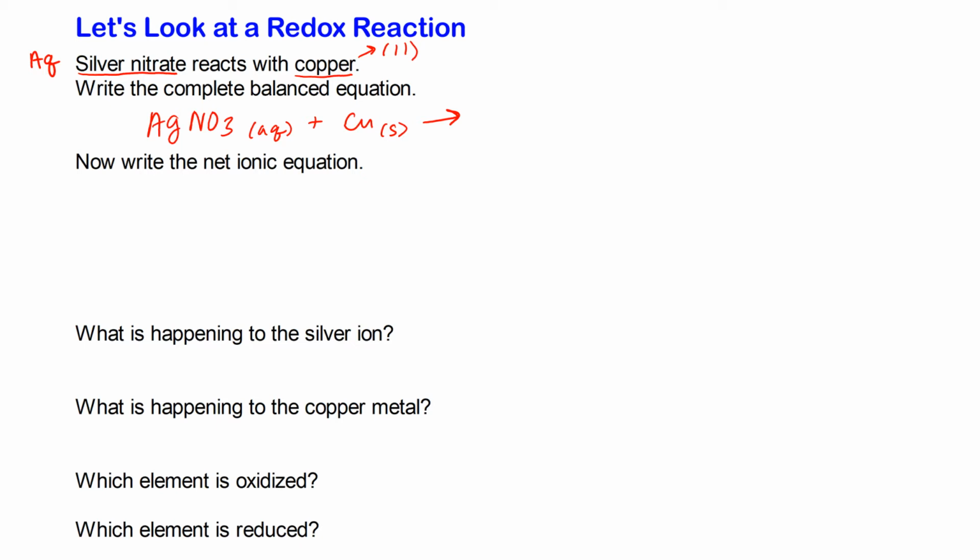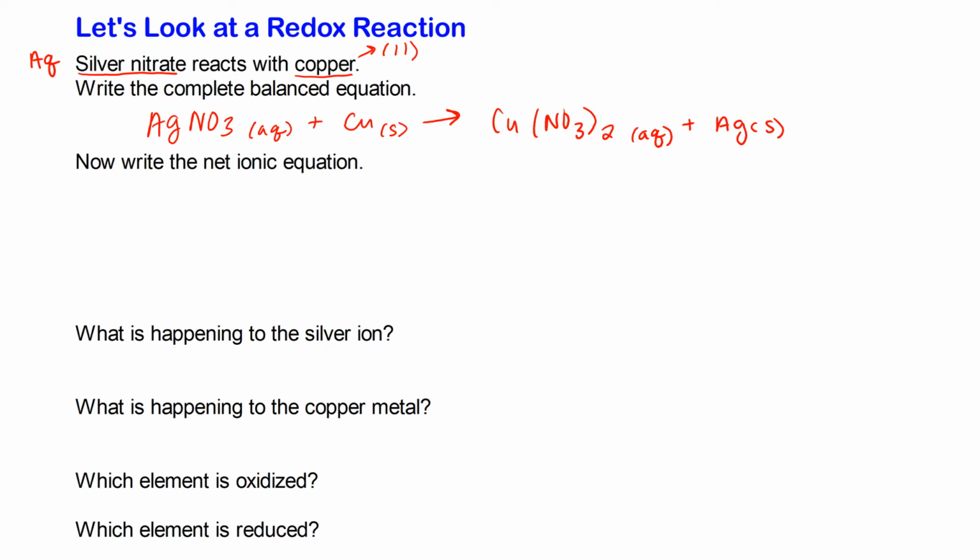And since copper is higher on the activity series than silver is, it can replace it. So you end up with Cu(NO3)2 aqueous. Remember, the product of a single replacement reaction, the compound, is always going to match the compound's state of matter from the beginning, plus solid silver.